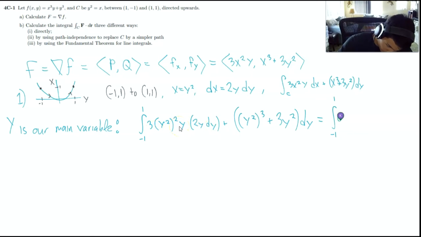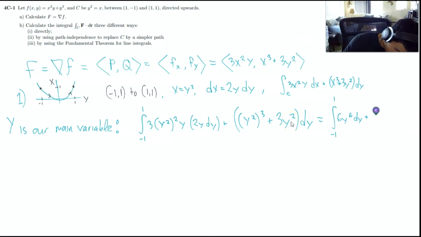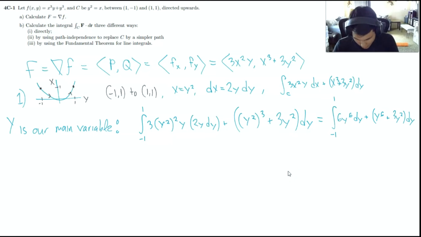So 6y to the 6 dy. Oh, that's y to the power 6, and that's y squared. y to the 6 plus 3y squared dy. Okay, and then we're going to do it again. We're just going to simplify everything.